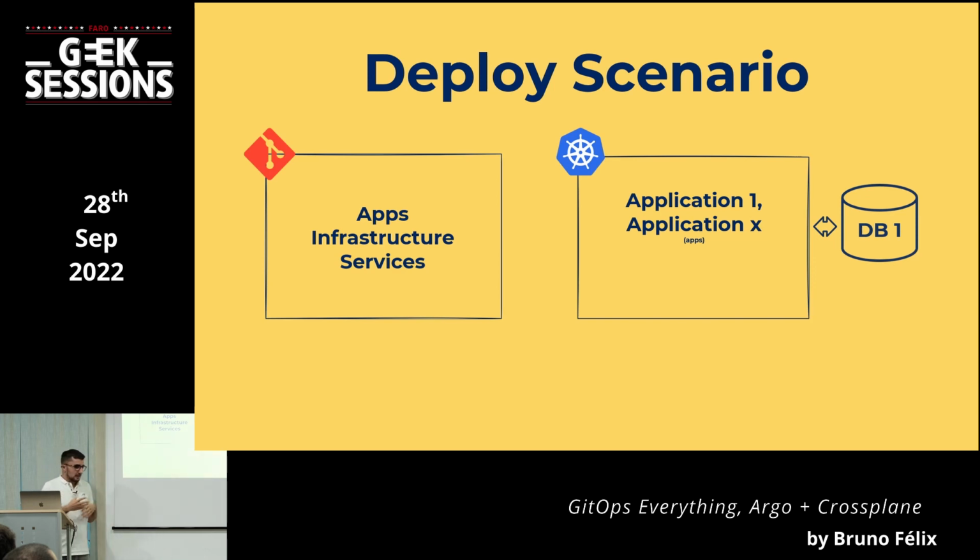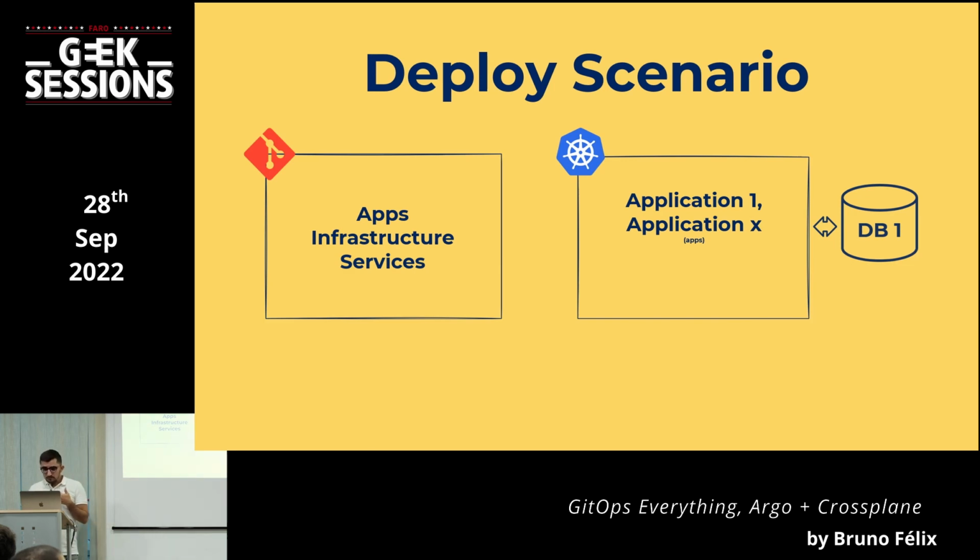The main concept here is to make sure that the desired state, what we have configured on the Git repo, will always be equal to the actual state, the state that we want to achieve on our cloud.